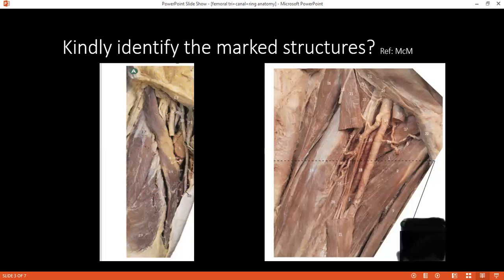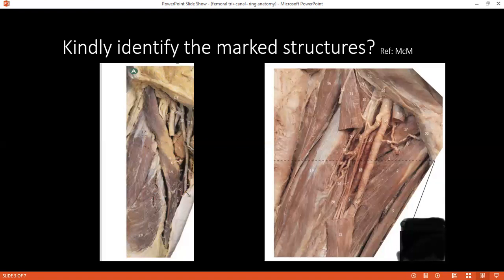All right. Can you tell me what you understand by the vascular lacuna and muscular lacuna, and what are their contents? The vascular lacuna is behind and below the inguinal ligament, situated medially.